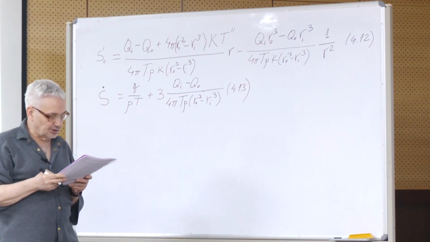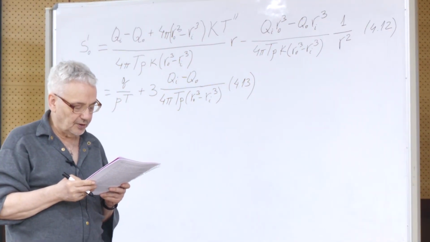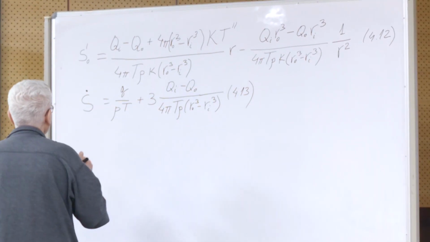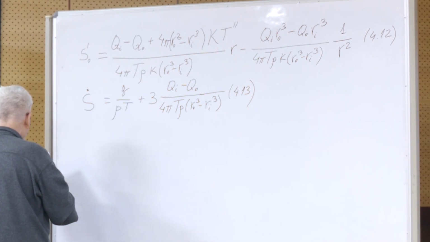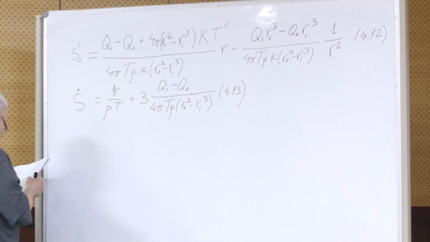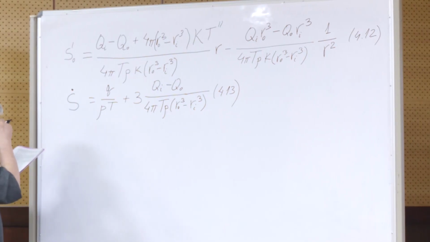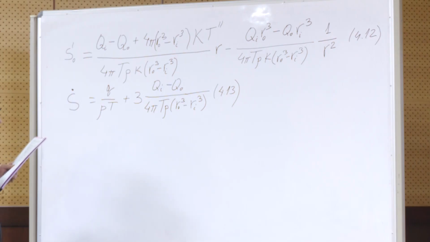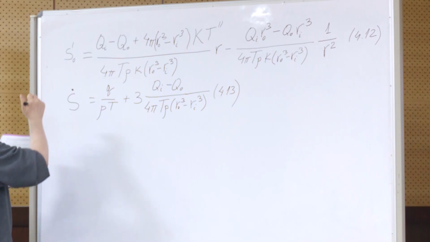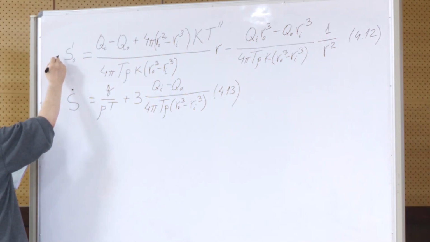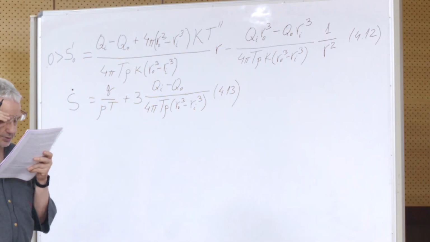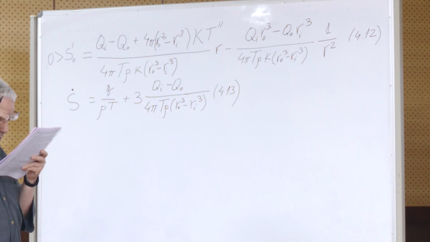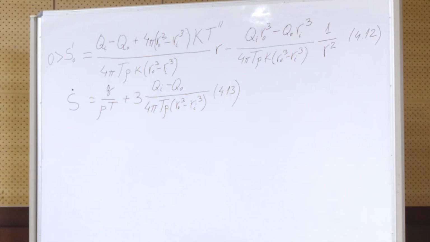It is obvious that a spherical layer with a negative source of convective instability, S0 prime less than 0, promotes the development of convection.